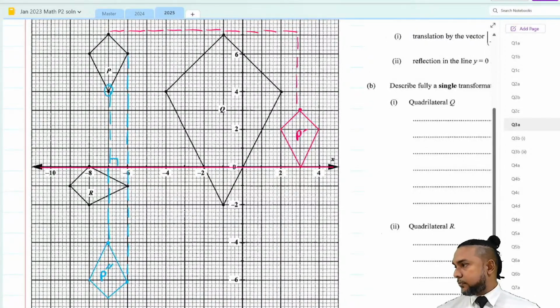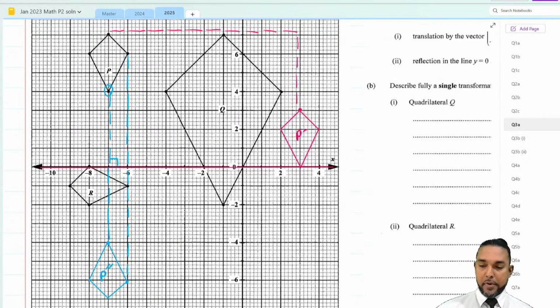All right. Okay. Are we okay with these two items here?